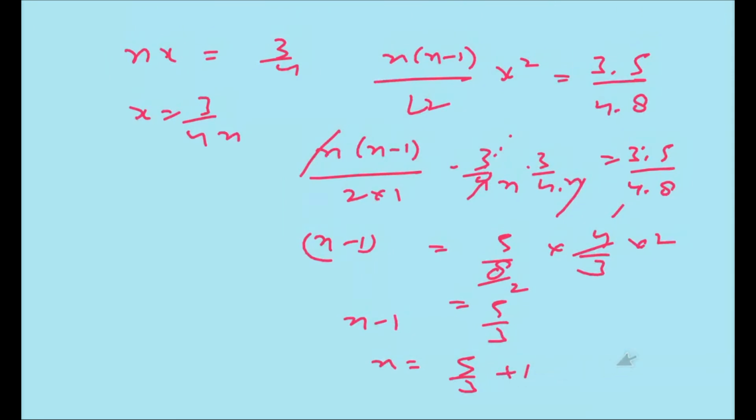What we left here, n(n minus 1) upon factorial 2 into 3 by 4n, 3 by 4n.